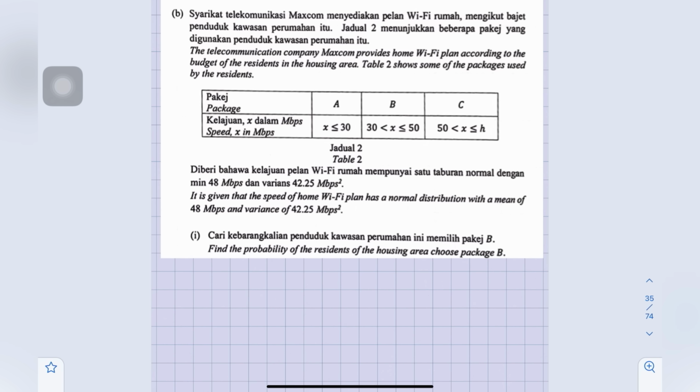B. The telecommunication company Maxcom provides home Wi-Fi plan according to the budget of the residents in the housing area. Table 2 shows some of the packages used by the residents.